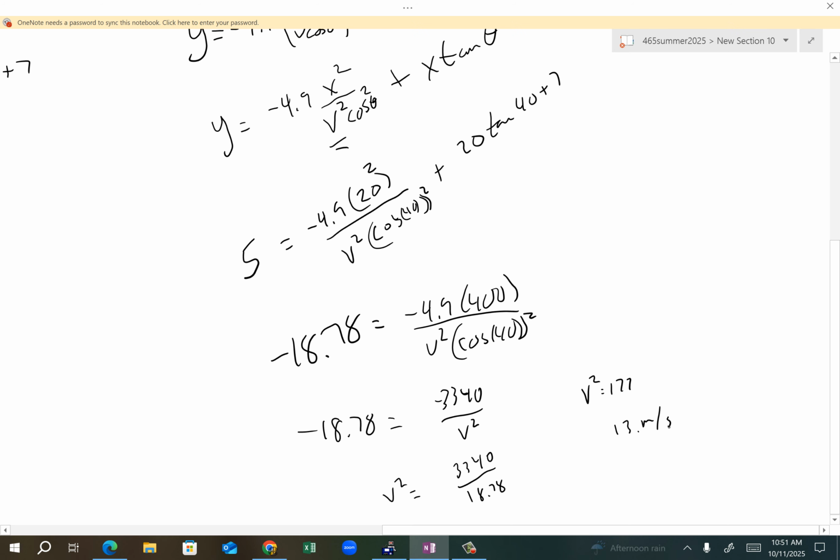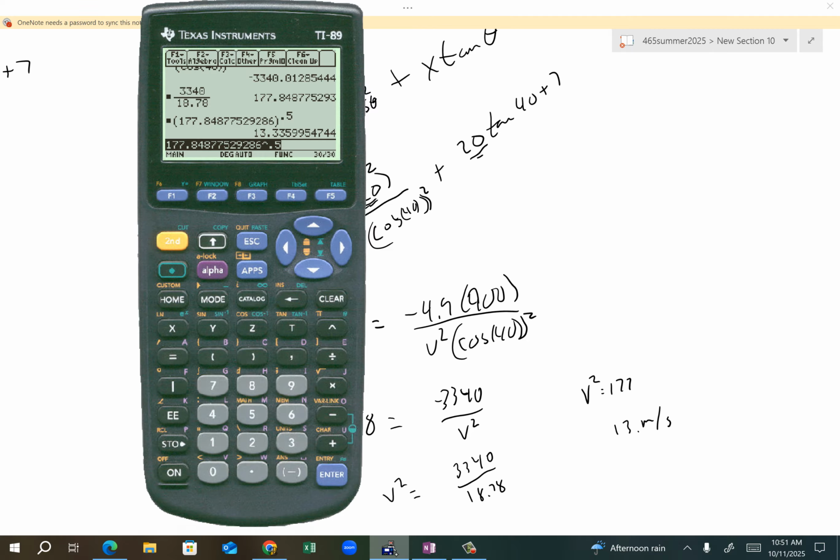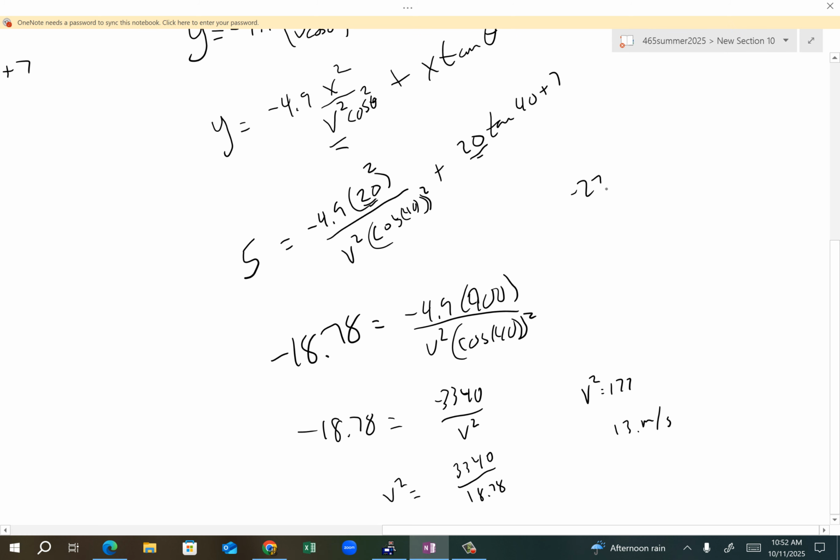Now, the only thing that really changes here is that I would change that to a 30, and I would change that to a 30, so that would make this 900. And I just redo that first calculation again. So I get negative 27 point whatever.